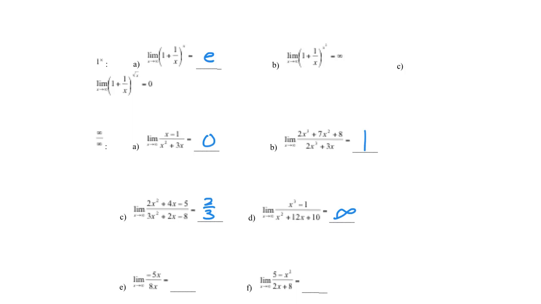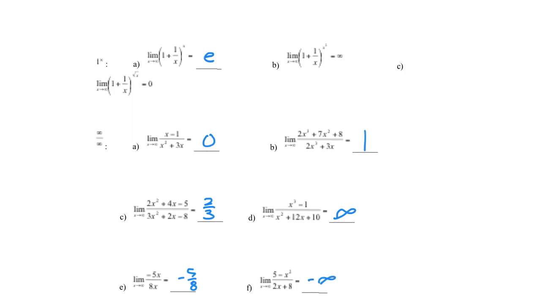Over here, again, these powers are the same. So the limit of this is going to be -5/8. And then finally, the last one, we've got an x squared here, which should dominate, but there's a negative here. It will dominate this denominator, which is 2x, so we will end up with -infinity.